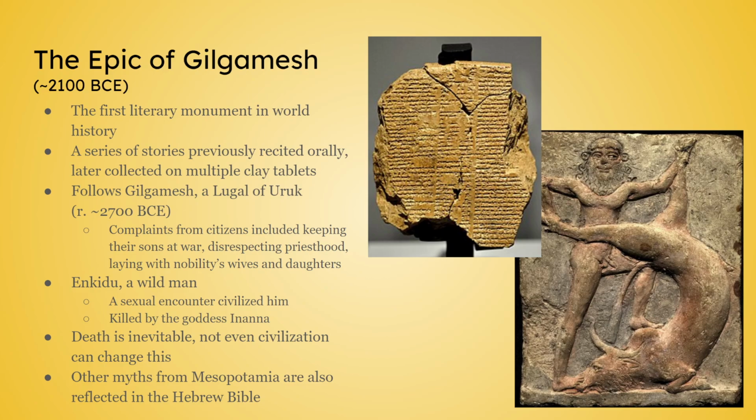He is frightened by the idea of his own mortality, and he decides to seek out a man named Utnapishtim, who is an immortal man and the sort of the bridge between the spirit world and the regular world. And he approaches him, and he talks to him, and Utnapishtim describes his journey.